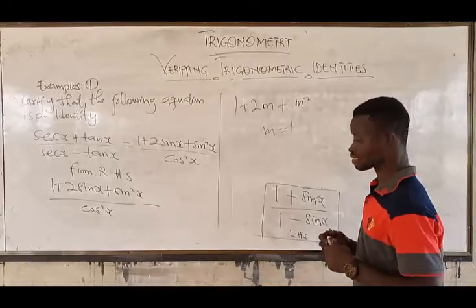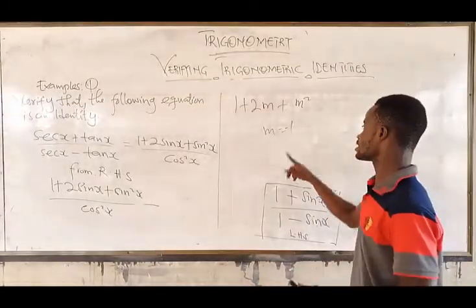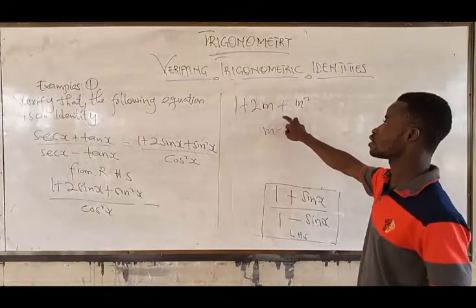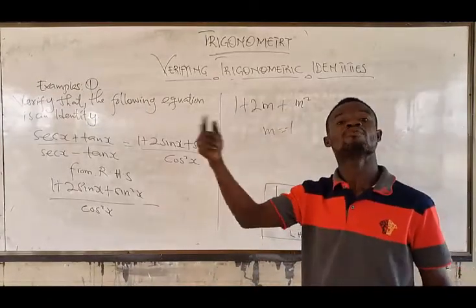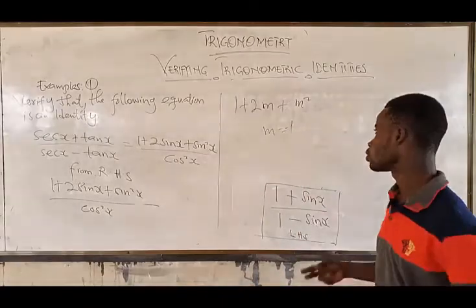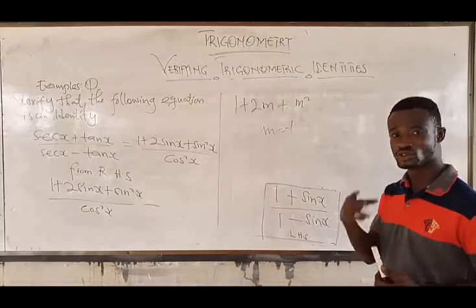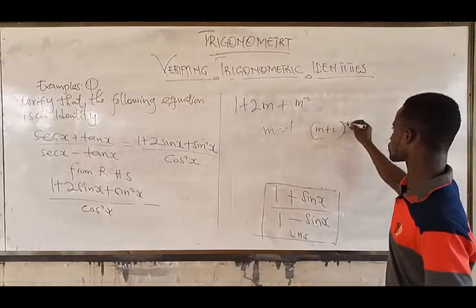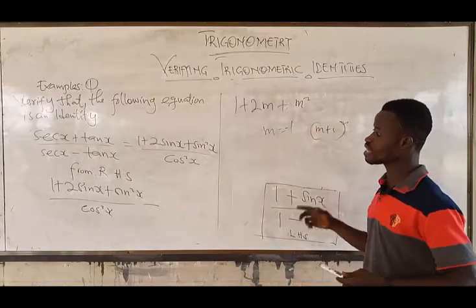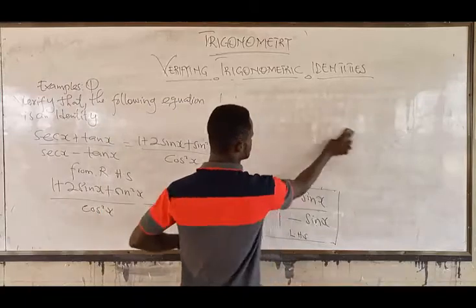And this means that the solution for this quadratic equation is m is equal to negative 1 and m is equal to negative 1, 2 solutions, because here we are dealing with a quadratic, so we have to get 2 solutions. So this will be the same as m plus 1 whole squared. And we know that m here is sine x. So let's go for that.